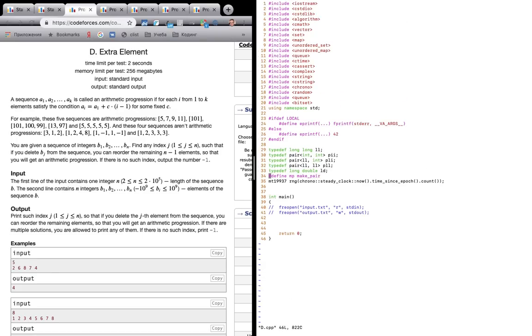Okay, so we can do something very stupid. We'll just store in a map how many differences we have for each element. Like for each difference, how many times we encountered it, and then we will just check if the size of the map is exactly one. Not exactly one, no more than one.